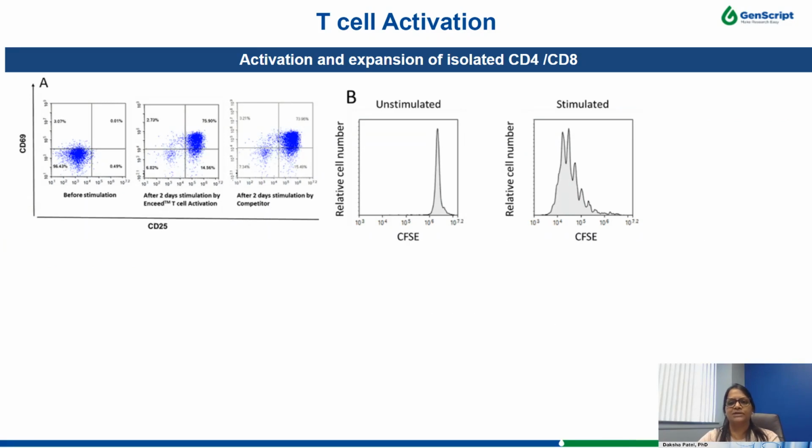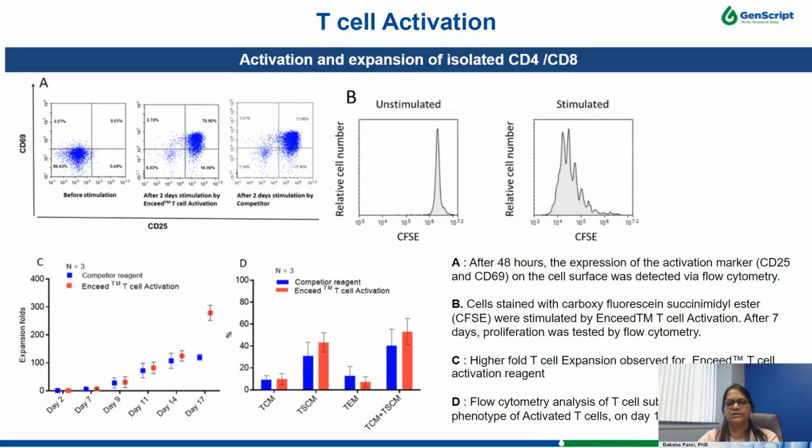In this experiment, CD4 and CD8 cells are isolated simultaneously and then used for activation purposes. Figure A represents the expression of the activation marker after 48 hours, and cells stained with fluorescence dye after 7 days show that proliferation is happening. Compared to control, if you see, there is a shift in the FACS plot.